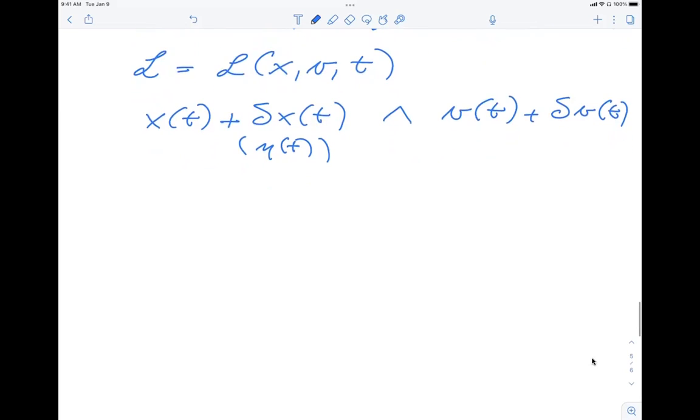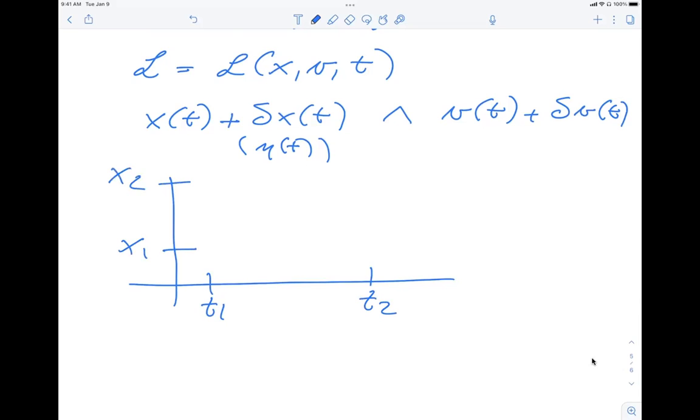What we're also going to require now is, if we make this plot again, where we are moving from a position x1 at a time t1, and we end in a position x2 at a time t2, we are going to assume again that delta x of t1 is going to be equal to delta x of t2, which is 0.